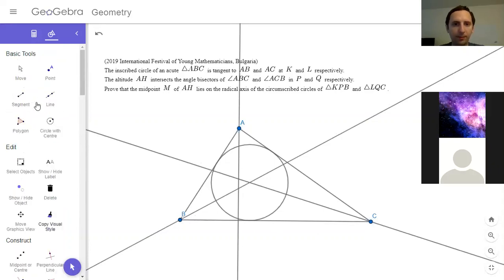Okay, so let me draw in K and L. First, I'm just going to draw all the points and then I'll name them.